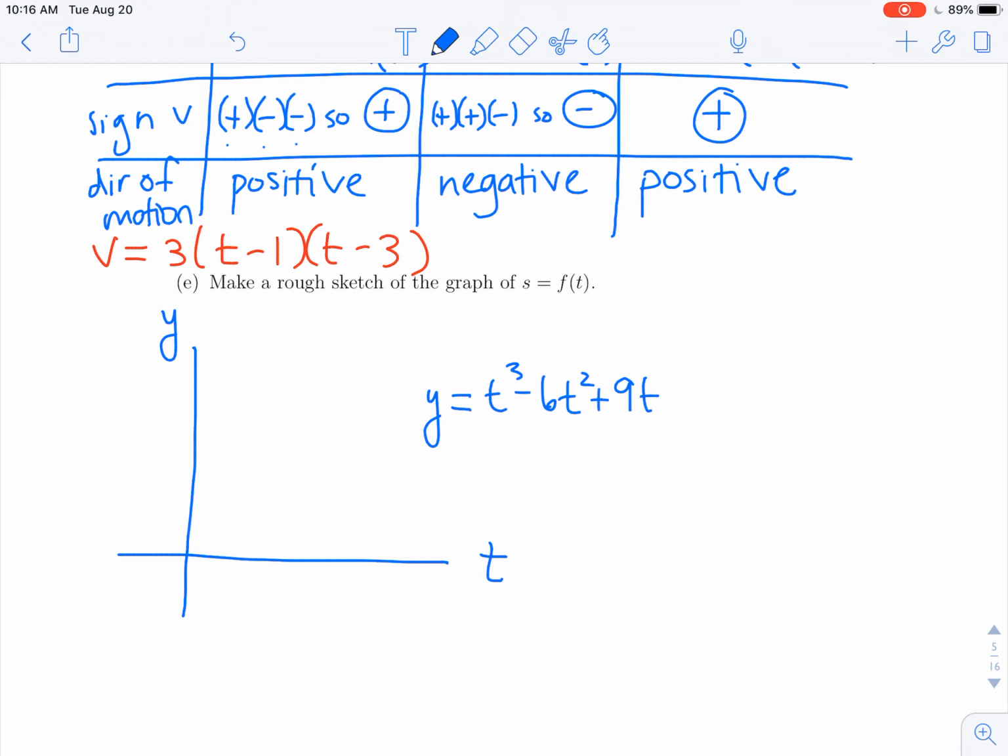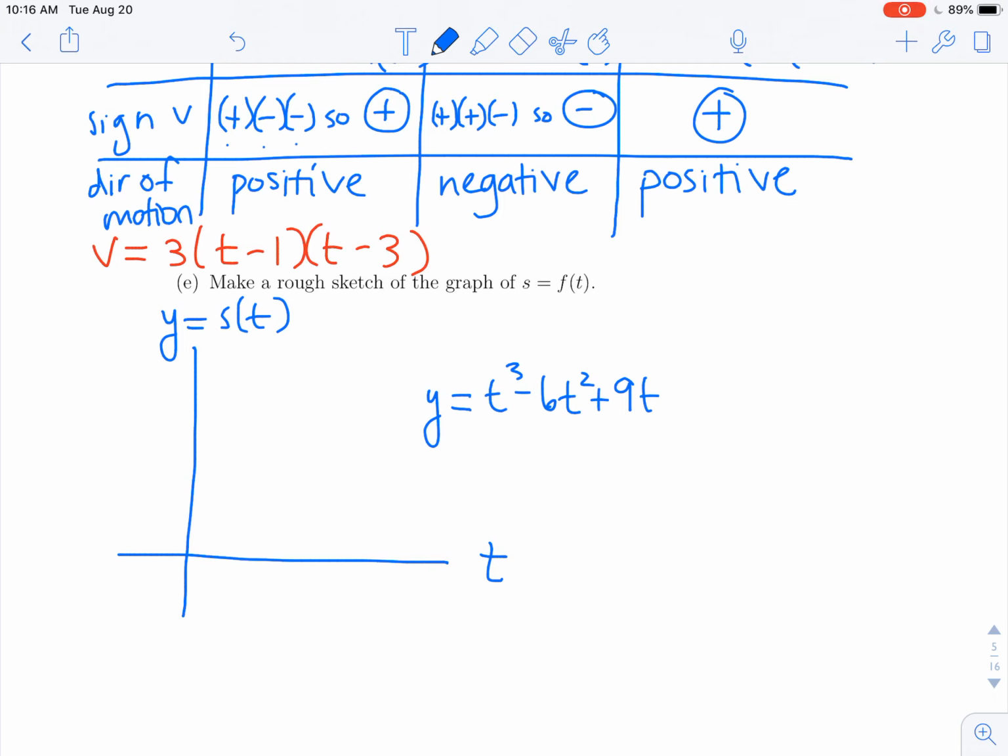And we already know based on the previous part that the particle is moving in the positive direction, and then the negative direction, and then the positive direction. In terms of your graph, positive translates to up on the y-axis.